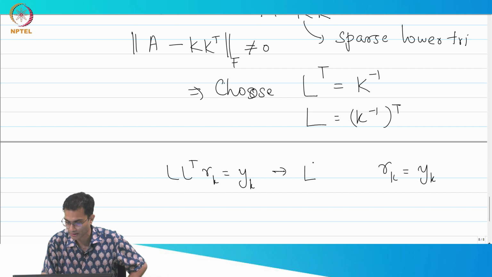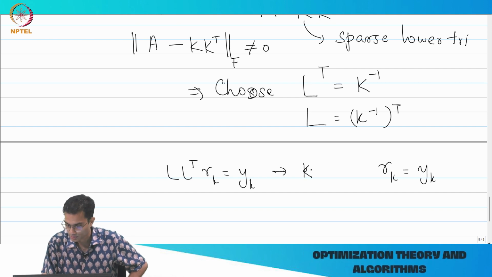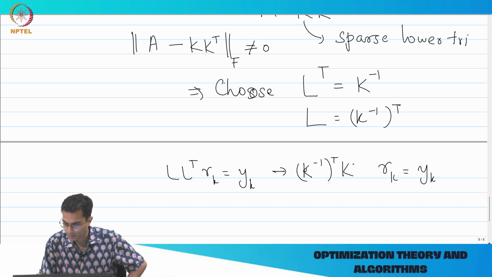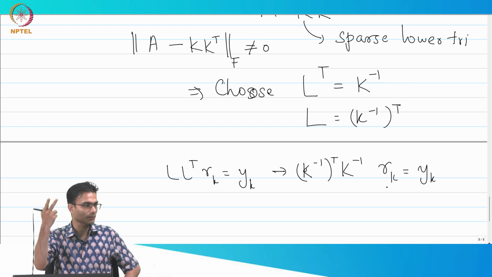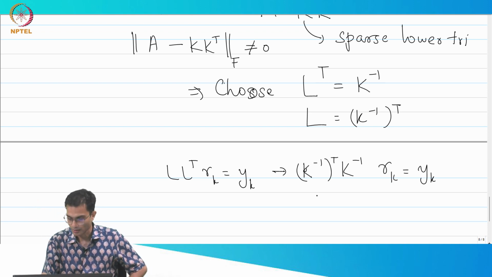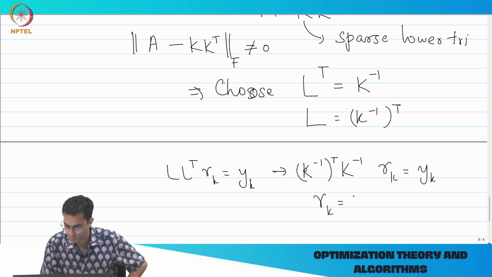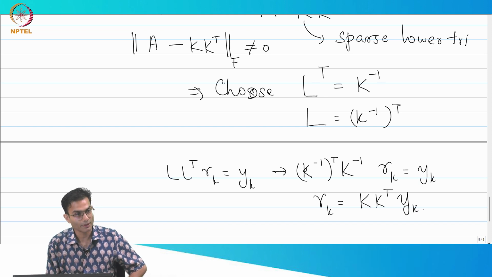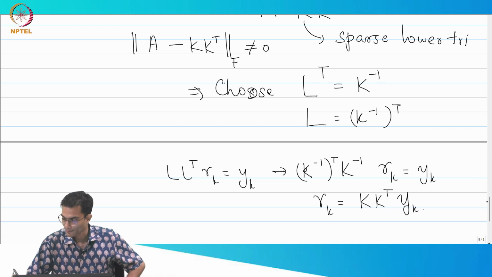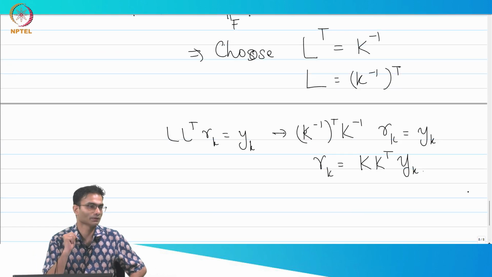So this is going to be K inverse transpose multiplied by K inverse RK, right? So what do I do next? Inverse and transpose can be swapped, right? And what I am going to get is RK equal to KK transpose YK, right? So this has to be solved.